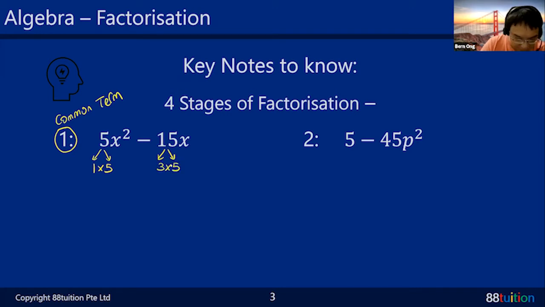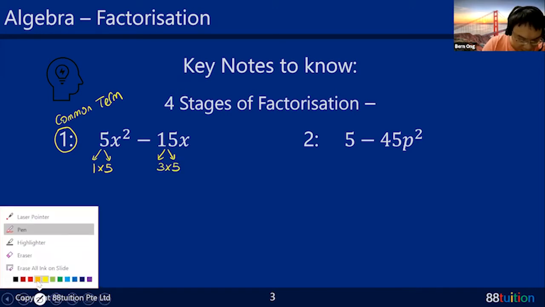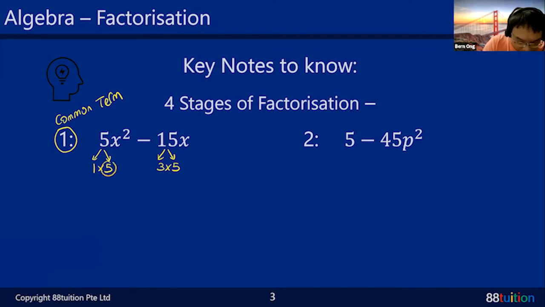Can you see that the 5 here is the common factor? Both terms have the 5 inside them. And how about x squared? What does x squared mean? This x squared means x times x. This x down here is simply x. Can you see that the x is also common here? There's one x here and one x here.